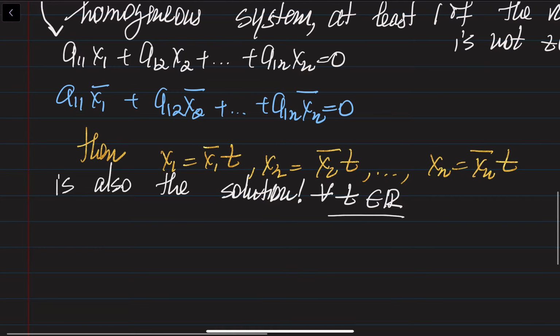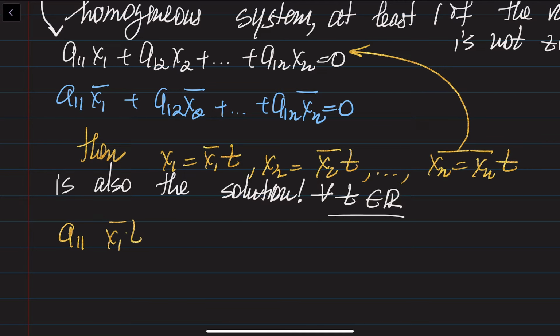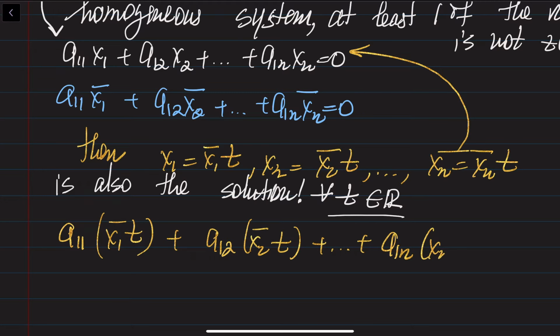How can we check whether this is a solution? I just need to substitute this into the first equation, into the left-hand side, and show that this is going to be equal to 0. So let's try to substitute this. a11 x1 bar t plus a12 x2 bar t plus and so on plus a1n xn bar times t, right?